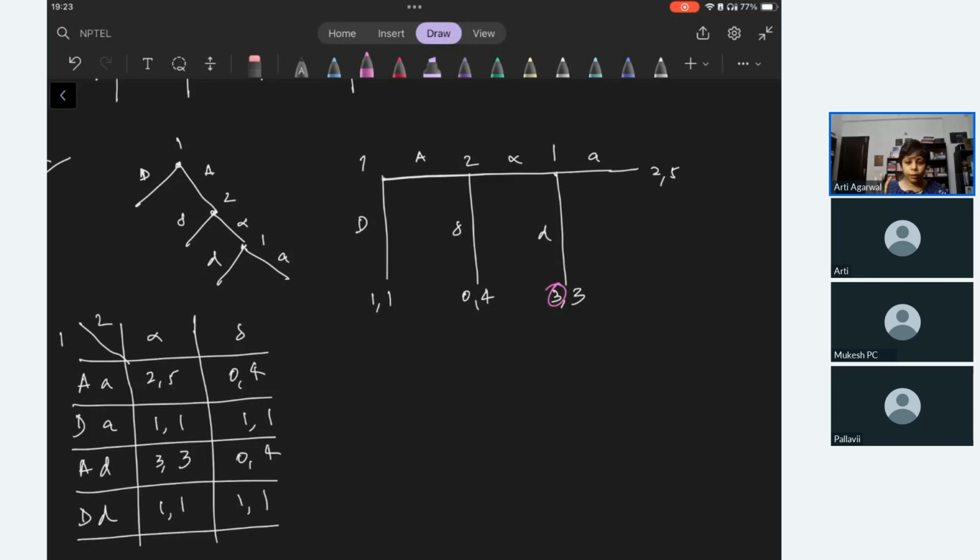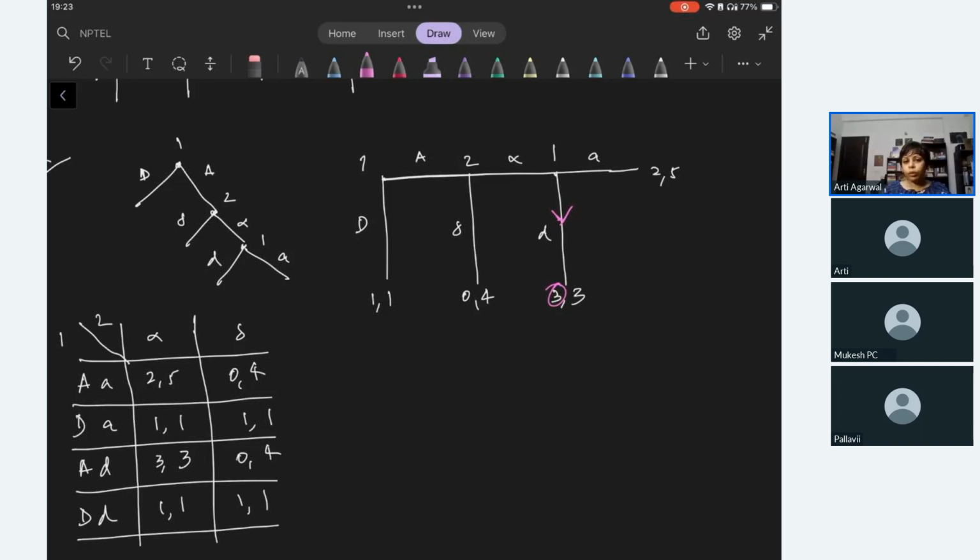Now this part is extremely important in this type of a game. So pay attention, okay? If one has to choose between A and D, he's always going to choose D because D is giving him a higher payoff, right? Now 2 has to choose between alpha and delta in the previous subgame.